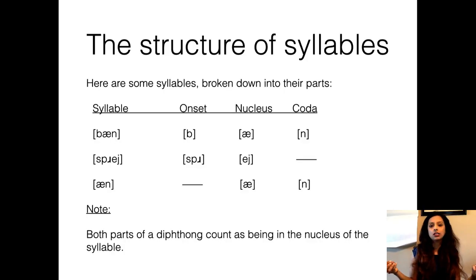So there are three consonants in the onset position, and then you have the vowel in the nucleus position and no coda. And then an is when you don't have an onset, and then you only have a nucleus and a coda. So I want you to treat the diphthong as one. So don't break up the diphthong into two parts. The diphthong always forms part of the nucleus, right? I want you to treat that as one.